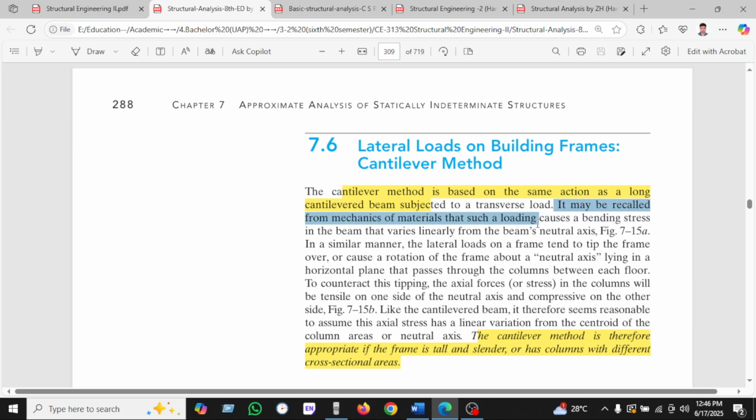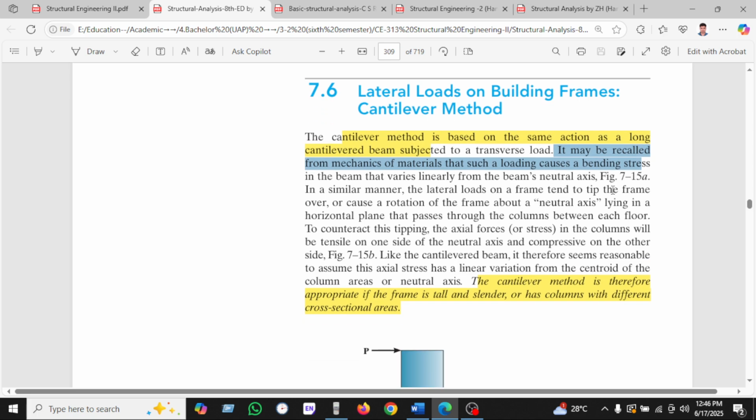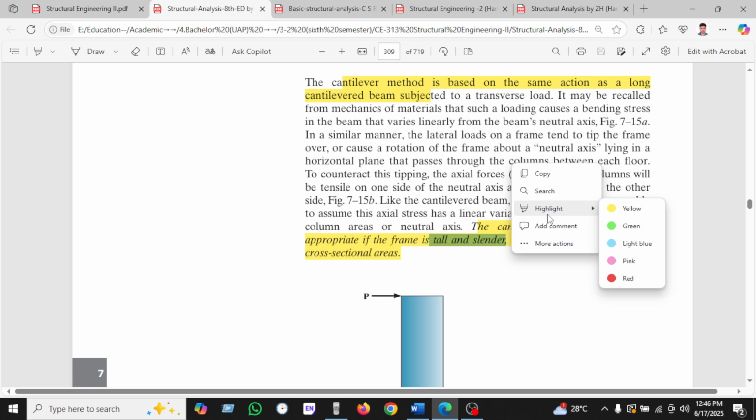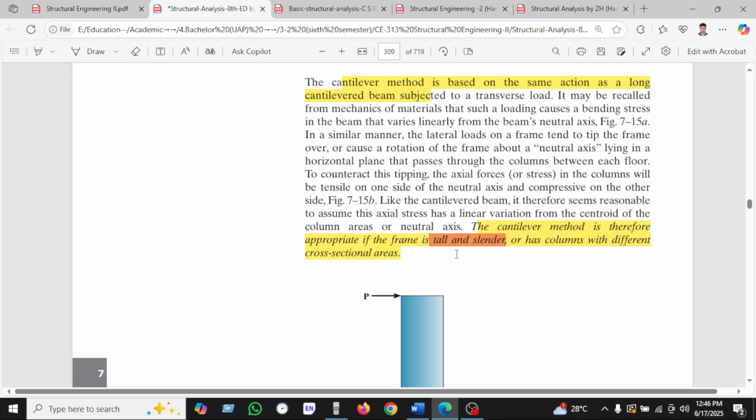Recall from mechanics of materials that loading causes bending and stress varying linearly from the neutral axis. The cantilever method is therefore appropriate if the frame is tall and slender, or has a column or columns with different cross sections.